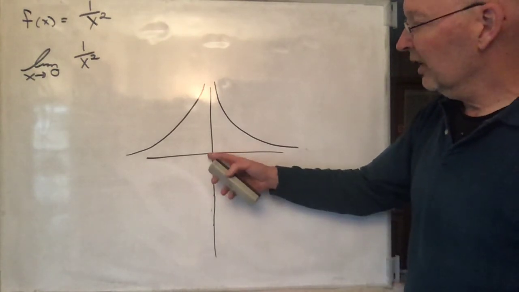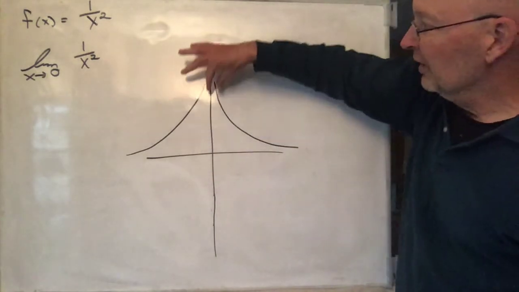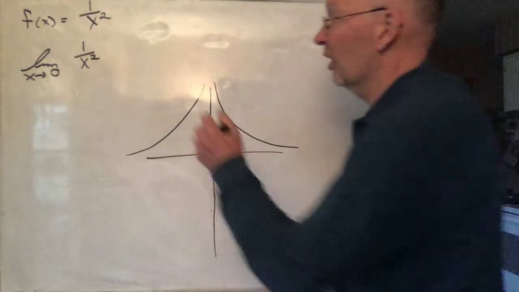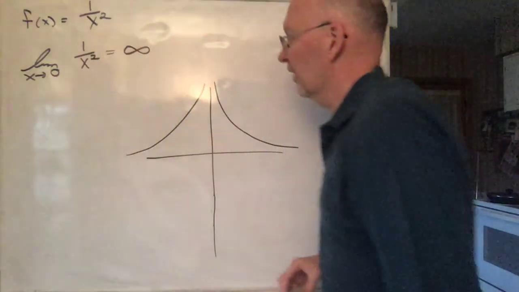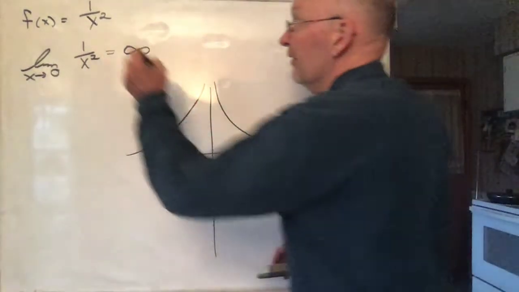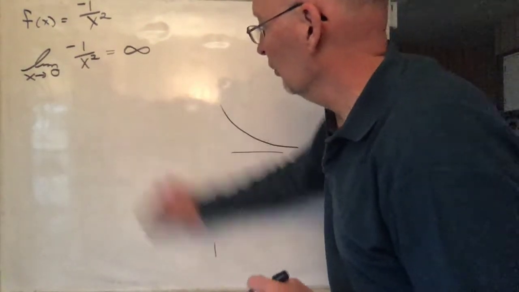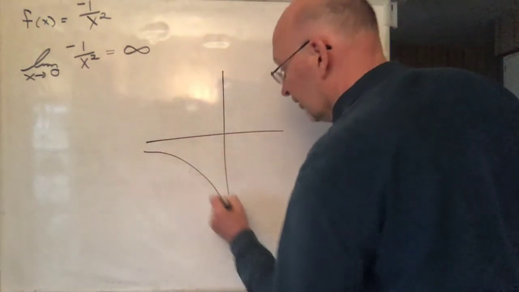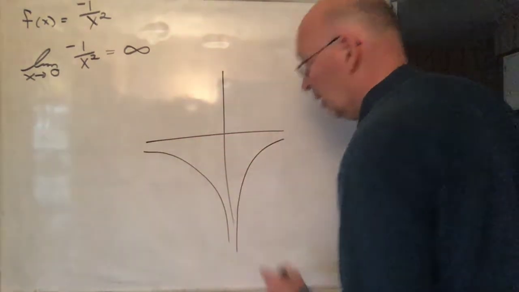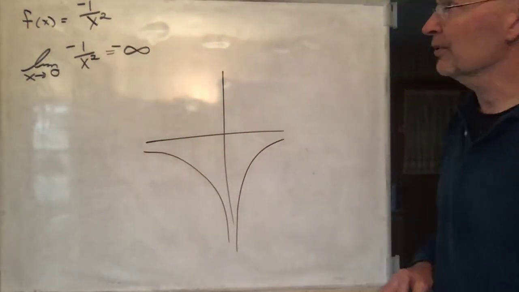And so here we'd say, as x approaches 0 from both sides, the value of the function is becoming arbitrarily large, so it's going off to infinity. That would be the best answer. If you had a negative 1 over x squared there, then of course the function would be just the negative of that one. It would look like this instead. And there it would be going off to minus infinity. So those are all options.